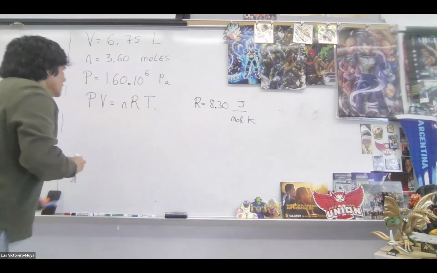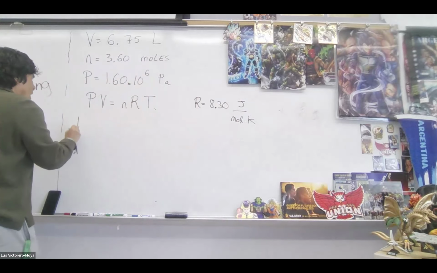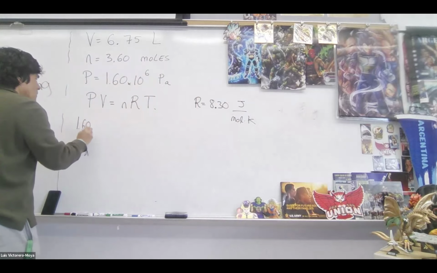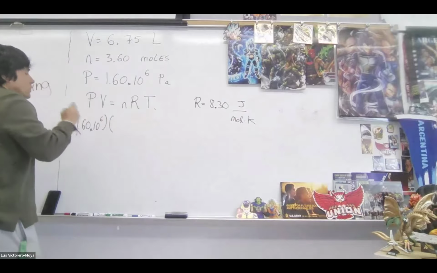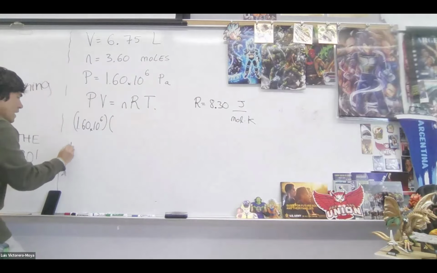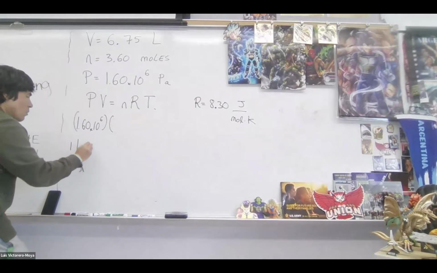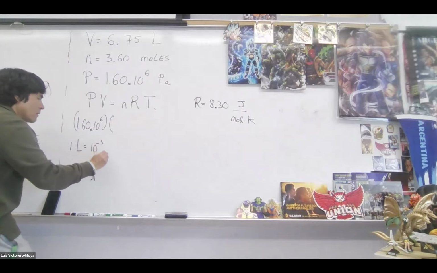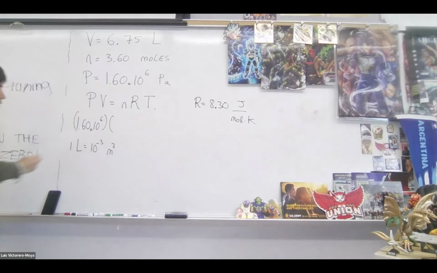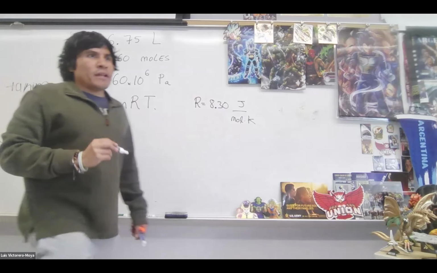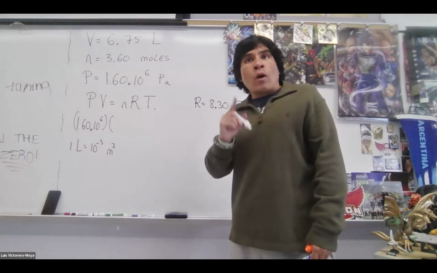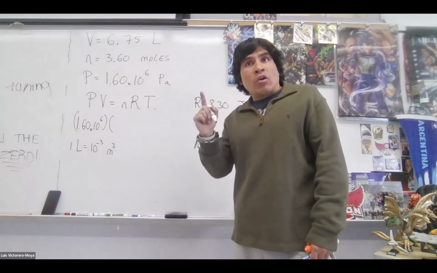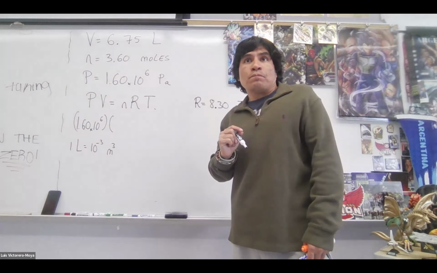All right. P is 1.60 times 10 to the 6 multiplied by the volume. Okay, so 1 liter is equal to 10 to the negative 3 meter cube, because we are assuming the density of water to be 1 gram per centimeter cube, or 1,000 kilogram per meter cube.